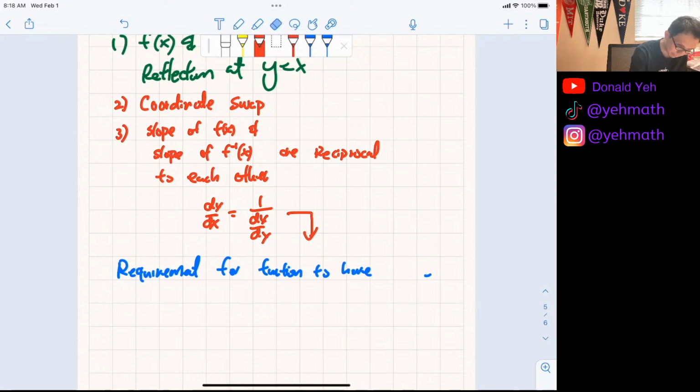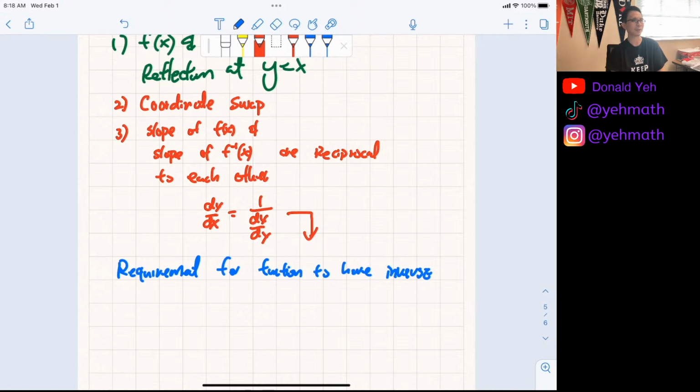Does it have to be continuous? Possibly. Like 1 over x can have an inverse. The inverse function of 1 over x is 1 over x. So it's not continuous.